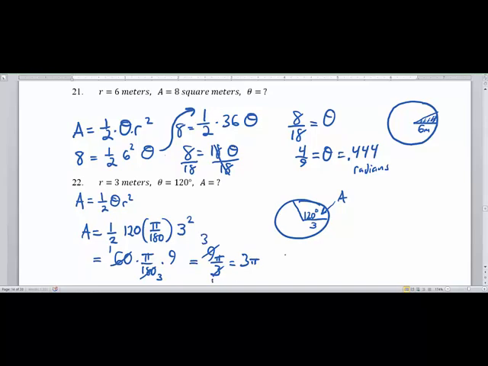All right, so if we multiply 3 times pi, what we get is 9.425, and since this is the area, this is in meters squared.